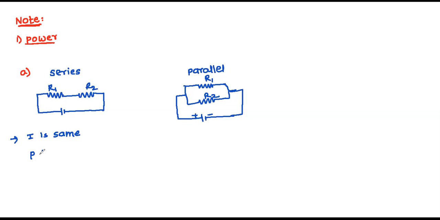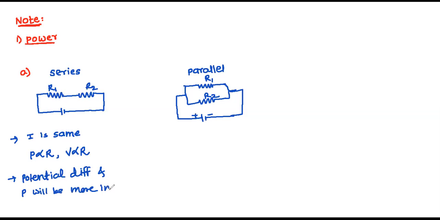So, power P is proportional to R, with V is proportional to R. So here, potential difference and power will be more in larger resistance.